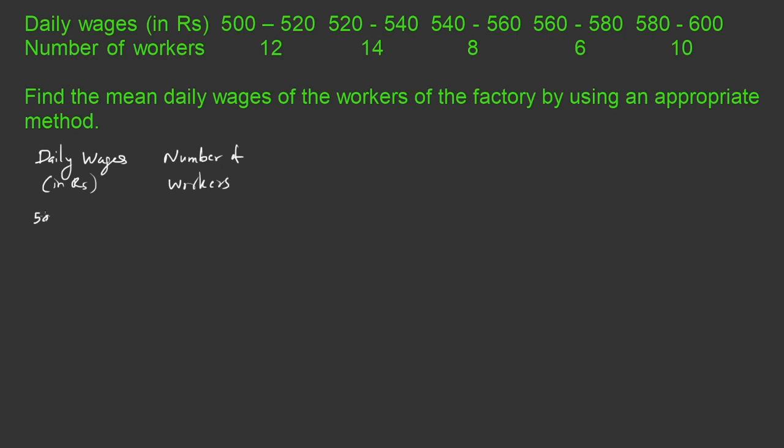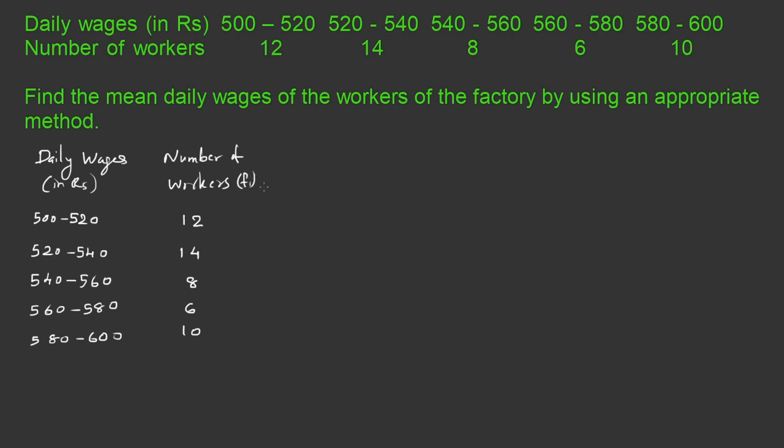So I am writing 500 to 520, 520 to 540, 540 to 560, 560 to 580, 580 to 600. The number of workers for each group are 12, 14, 8, 6 and 10. This value is Fi.